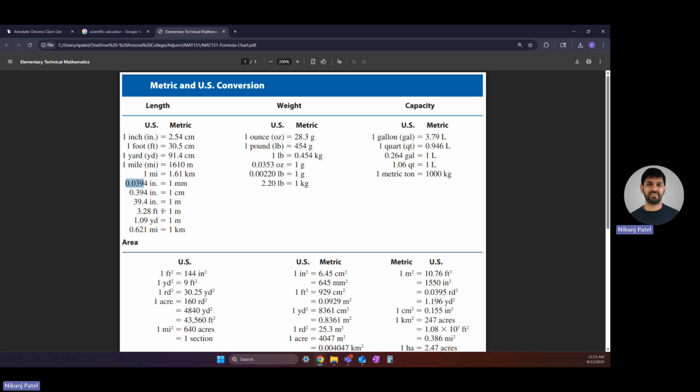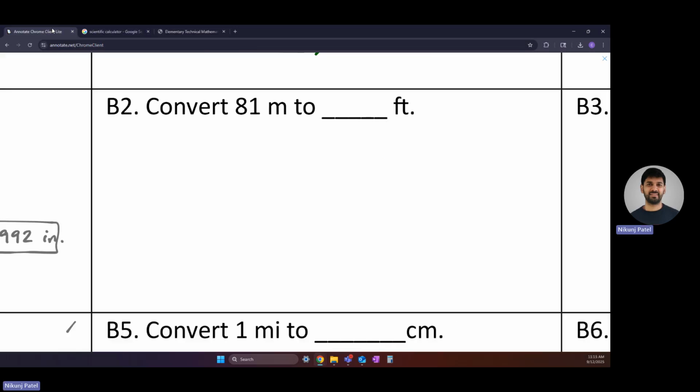We see this one right here. We see that 3.28 feet is equal to 1 meter. That's the common conversion factor used. 3.28 feet is equal to 1 meter.